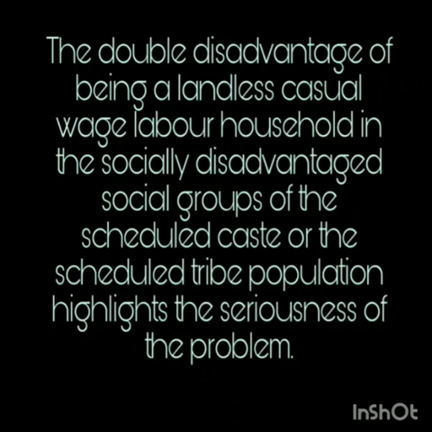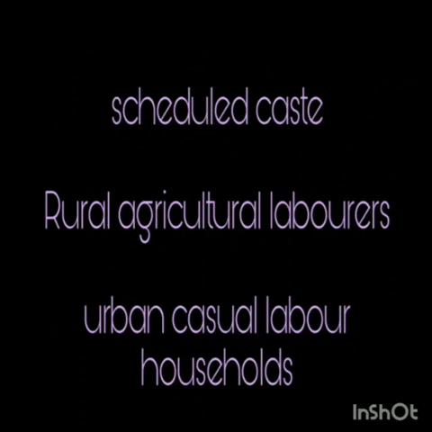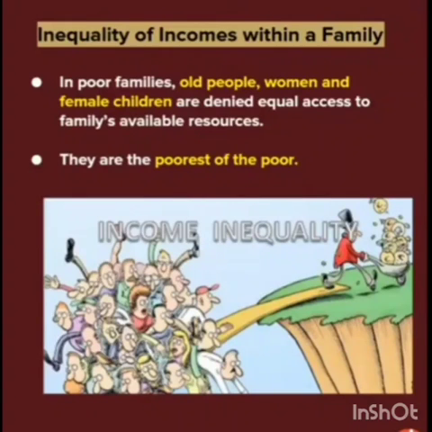Now students, recent studies have shown that except scheduled tribe households, all other 3 groups, which are the 3 groups? Scheduled caste, rural agricultural laborers and the urban casual labor households, have seen a decline in poverty since the 1990s. Apart from these social groups, there is also inequality of income within the family.